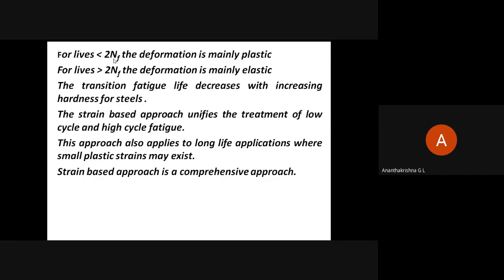For lives less than 2Nf, the deformation is mainly plastic, and it's going to fail at a very small number of cycles. For lives greater than 2Nf, the deformation is mainly elastic because it takes more cycles to fail. The transition fatigue life decreases with increasing hardness. The more the hardness, the more brittle the material, and the faster the failure. The strain-based approach unifies the treatment of low cycle and high cycle fatigue.